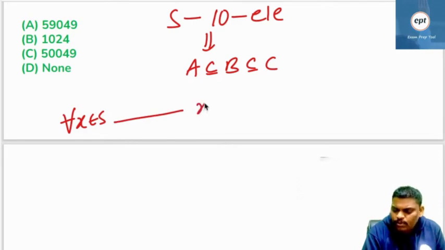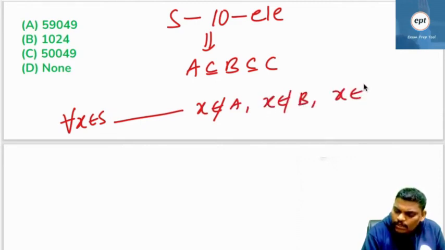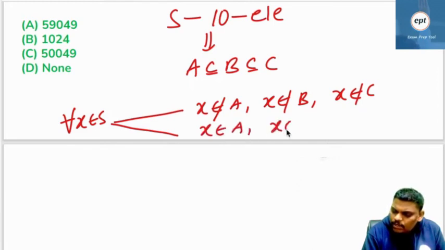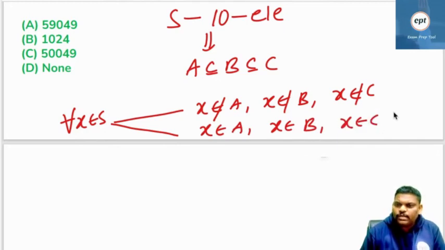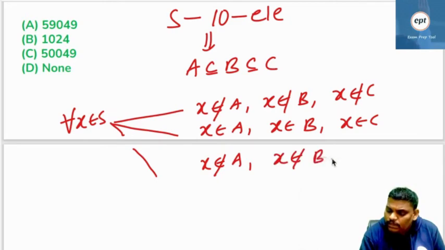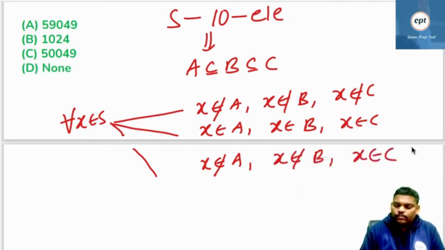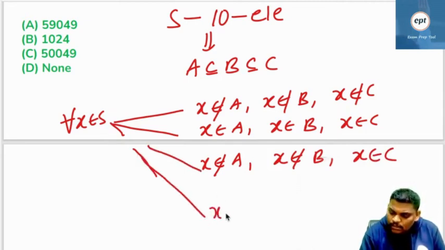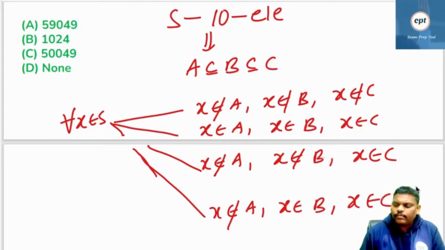One possibility: X not belongs to A, X not belongs to B, X not belongs to C. One more case: X belongs to A, X belongs to B, X belongs to C. One more case: X not belongs to A, X not belongs to B, X belongs to C. One more case: X not belongs to A, X belongs to B, X belongs to C.